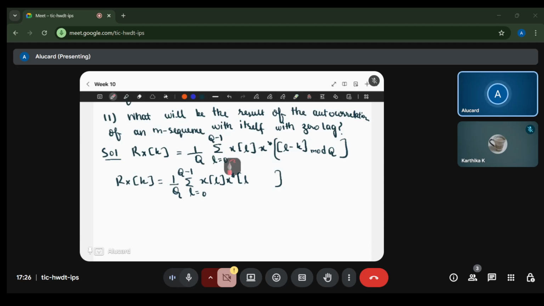Since L only goes from 0 to q minus 1, this is simply L.